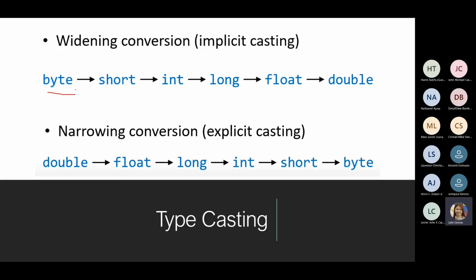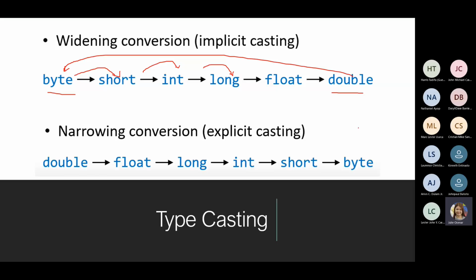Okay? So, it can go from byte to short, int, long. This way means we are talking about the capacity of a data type to handle a value. So, from byte, double can handle all of these.